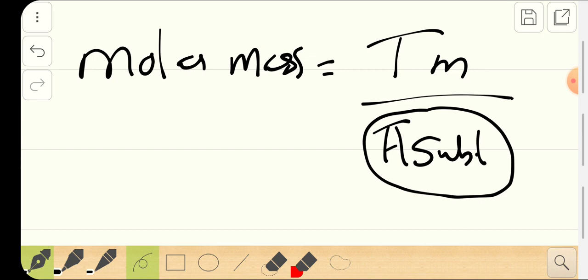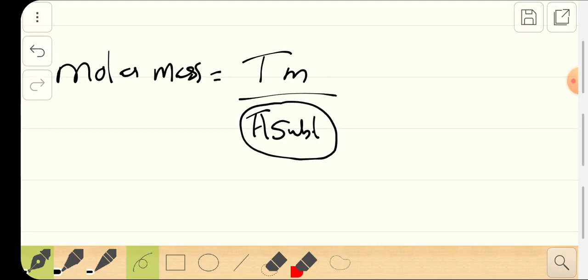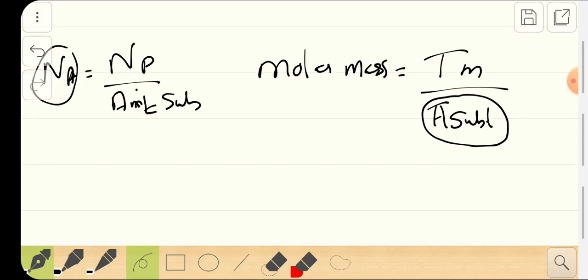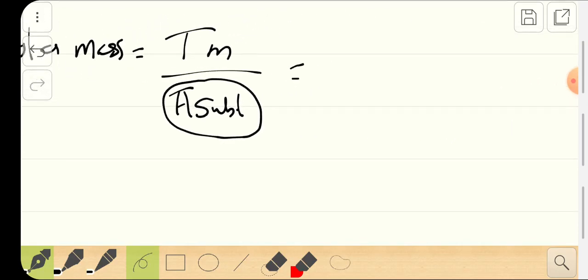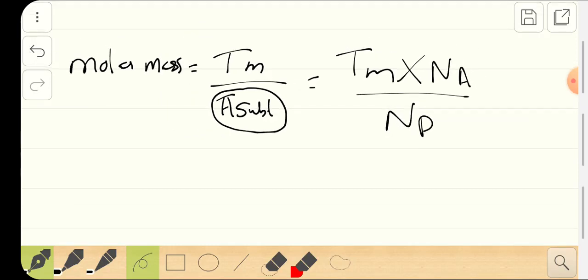If you divide that, you can substitute the amount of substance as Np by Na. So you get Tm, the total mass, times Na by Np. So that's how you define molar mass. The mass of a molecule will be equal to the total mass times the Avogadro number divided by the number of particles present inside.